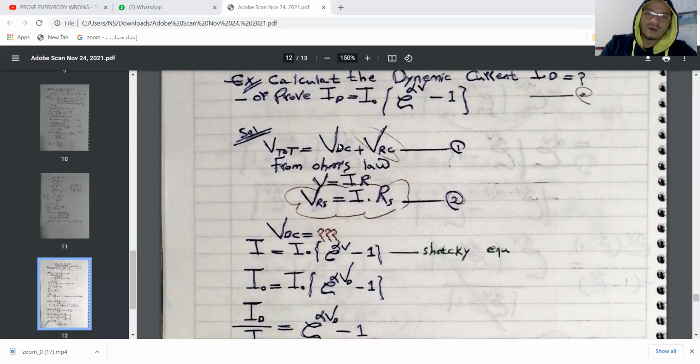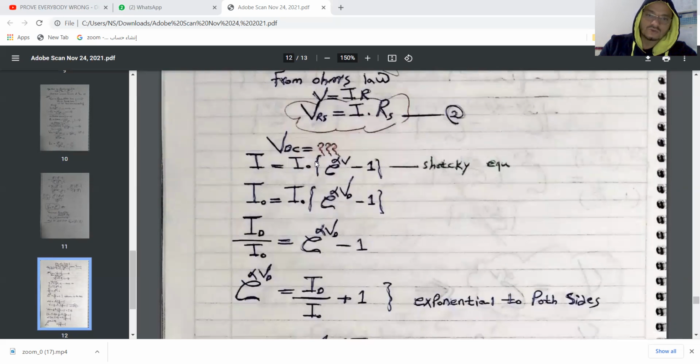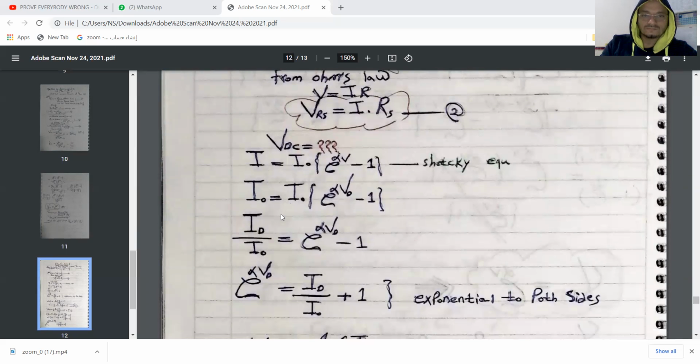But what about the dynamic voltage? From the Schottky equation, I equals I naught exponential alpha V minus 1. Here V equals VD, that means dynamic voltage. This is wrong, this VD, sorry, ID.